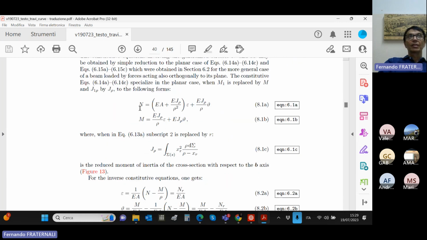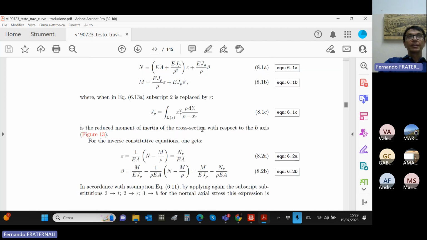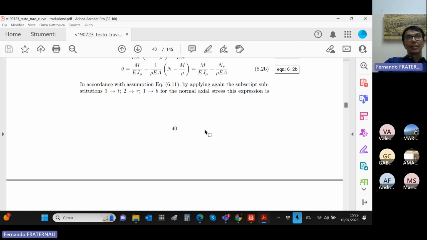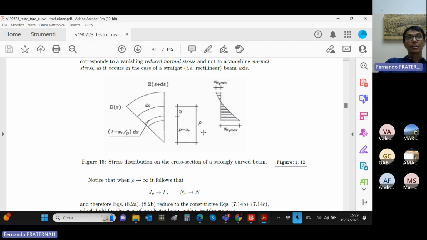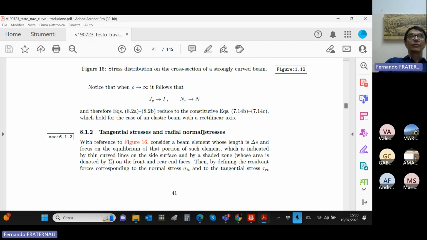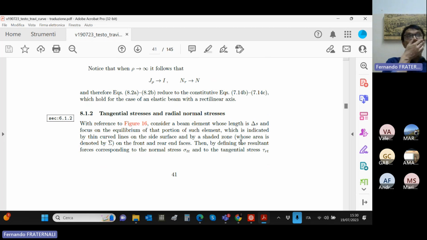So the one related to the axial force and the moment, the bending moment. So what about the distribution of the tangential stresses and the constitutive equation for tangential stresses, for shear?